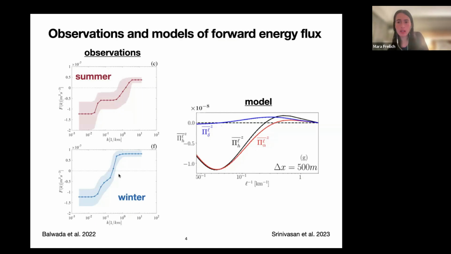There are a number of different submesoscale instability mechanisms that can lead to forward energy cascade, things like symmetric instability, which move energy to turbulent scales. Yeah, thank you.